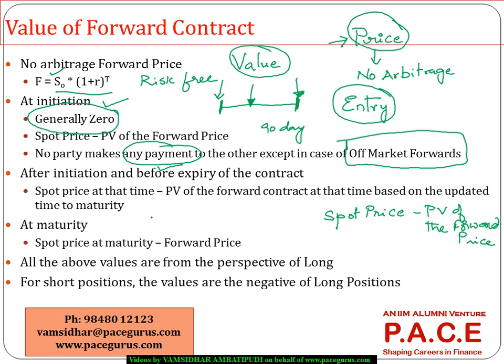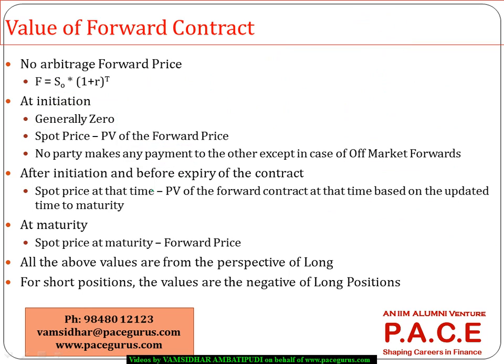Probably off market forward is something where I would see one party having an advantage over the other party on the day of entry into the contract itself, which means on the day of entry into the contract this equation does not hold true. Probably F is either more than this or F is less than this.